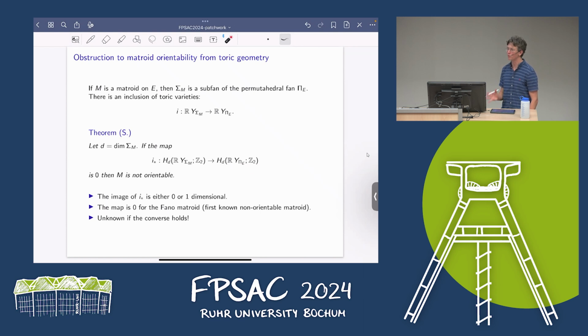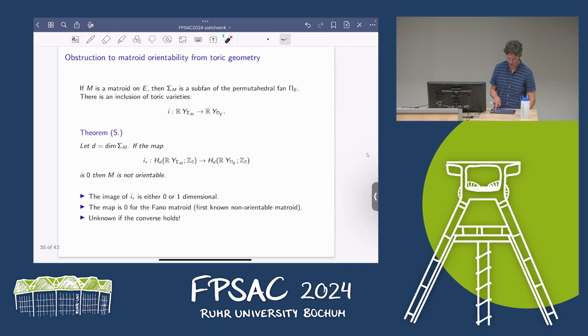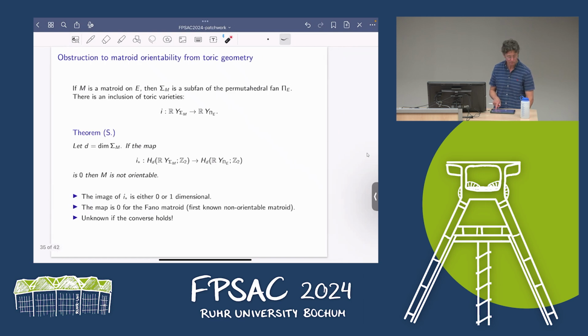It does not remember the orientation. If this map is 0, then the matroid is not orientable, but if the matroid is orientable, any orientation that gives you a class here goes to the same thing here. Okay, so it's not as rich as the theory of Minkowski weights of non-oriented matroids. There should be another place to look at this. Okay.